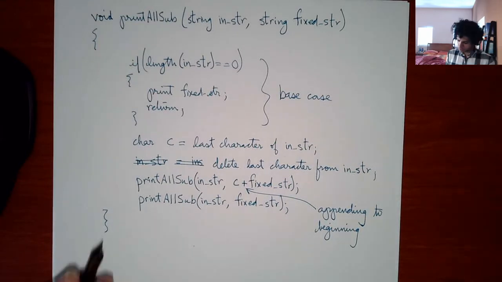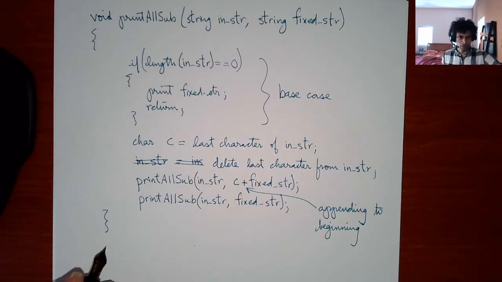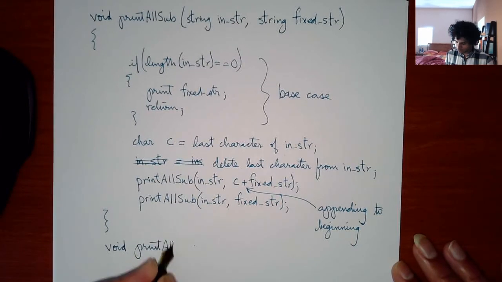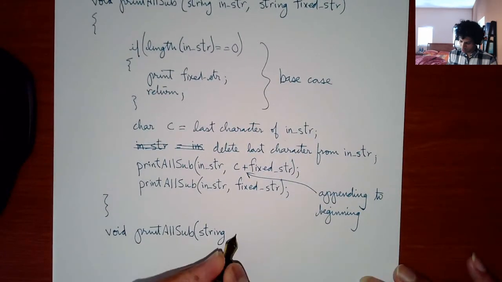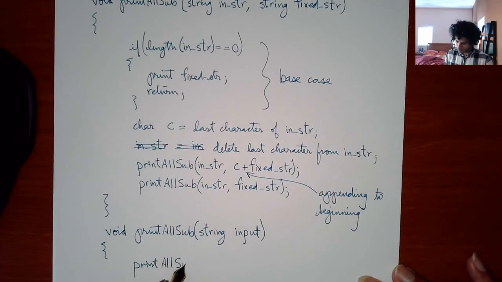Before I get to the question, we have this dummy function which just does the top level call. If I do void print all substrings of some string, which I'll refer to as the input, then I will call print all substrings of what?